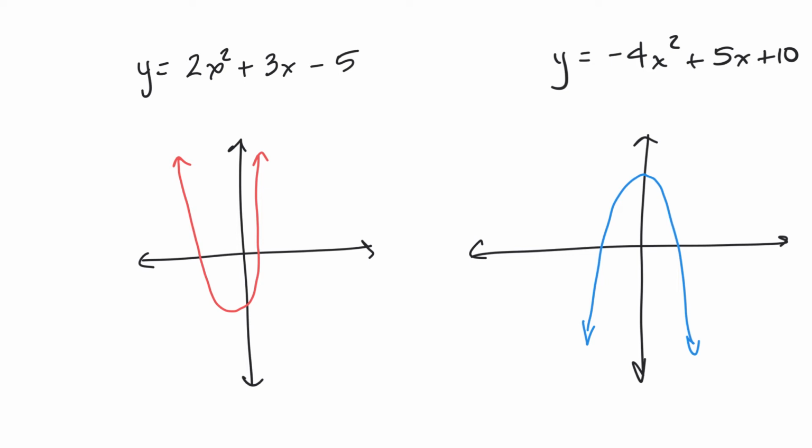The easiest way to figure out if it opens up like this or if it opens down is by looking at the leading coefficient. The leading coefficient is the coefficient that's attached to the x squared. And if it's positive, it's going to open up. If it's negative, it's going to open down. Simple as that. Okay, so that's one thing to keep in mind. If your a, or leading coefficient here, is positive, it opens up; negative, it opens down.